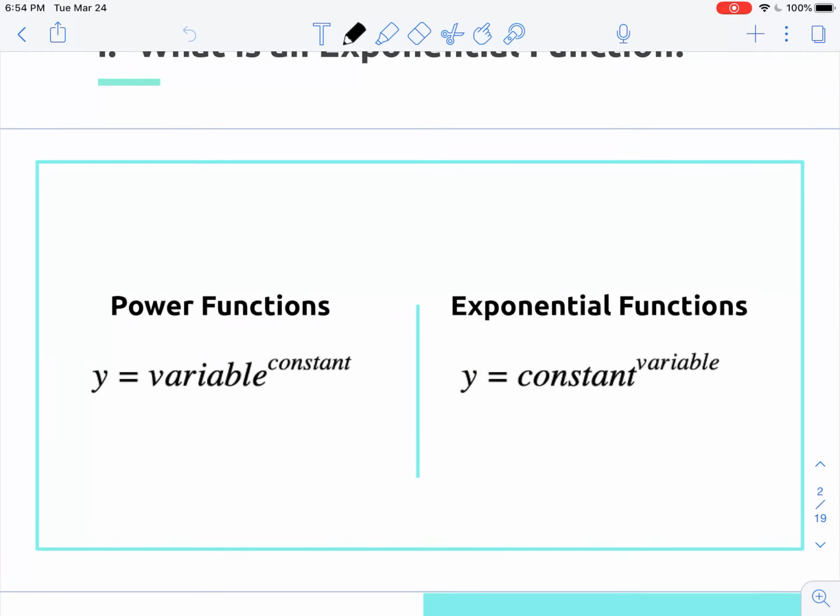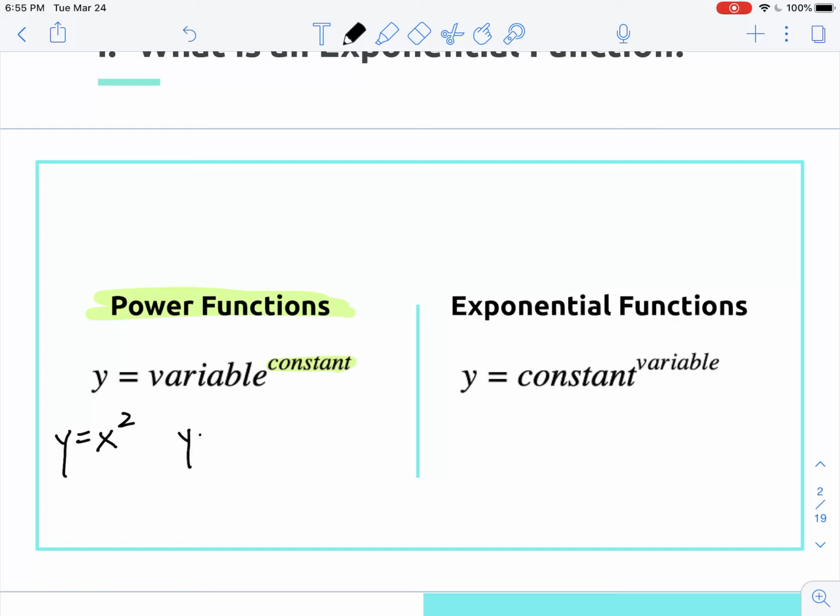You've been spending a lot of time learning about something called power functions. Power functions are when you have y equals a variable and you're going to have a constant in the exponent. An example might be y equals x squared. That's a power function.